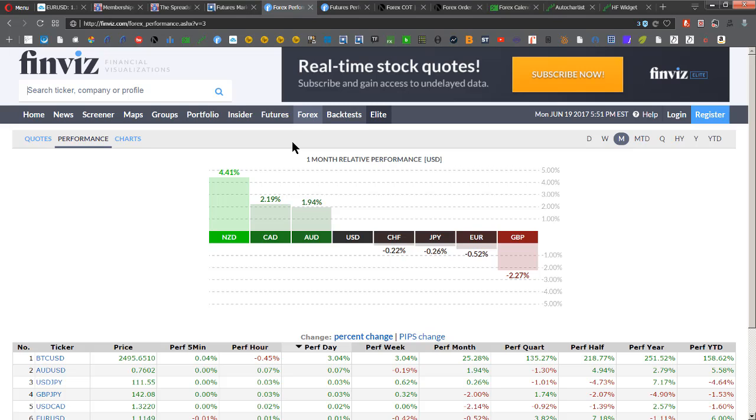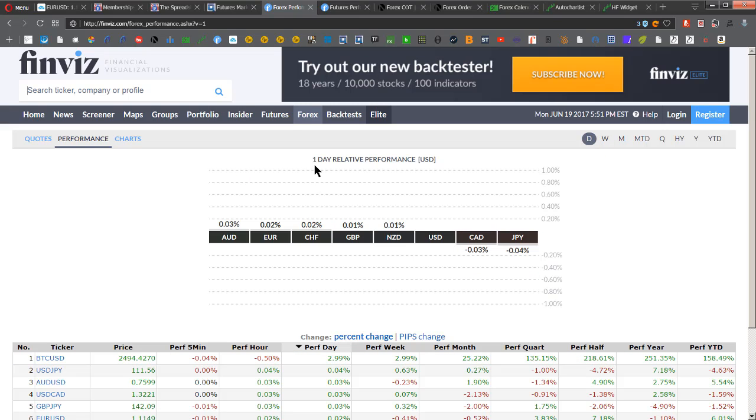How do you pick a currency to trade? It doesn't matter if it's going to be Forex or futures. You want to start off with contrast, and if you're looking for intraday day trades, you want to look at the one-day relative performance, but for longer term you want to look at the 1 month. Take a look at what the weaker currencies have been and what the stronger currencies have been, and look at what I call contrast.